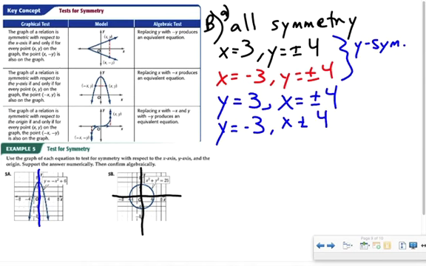And we have just shown this x symmetry. And then finally, if I replace both x with negative x and y with negative y, I end up with an equivalent equation.